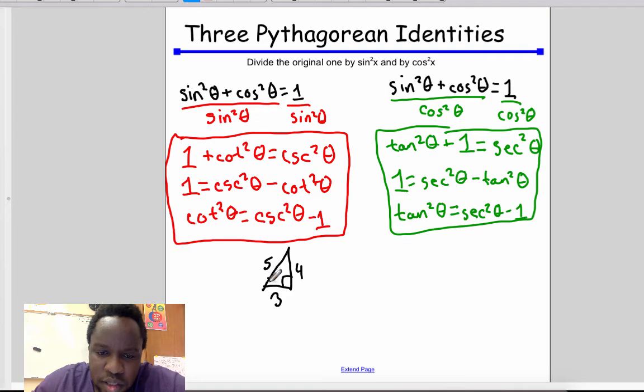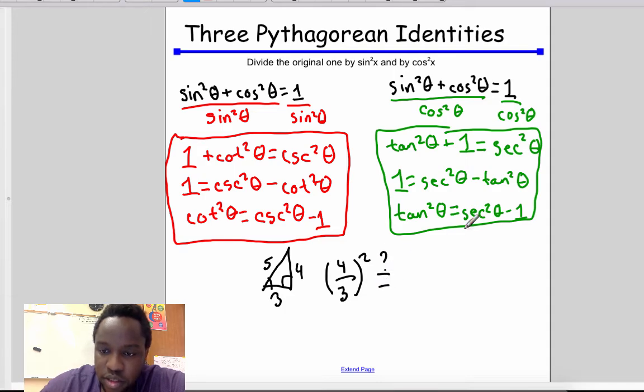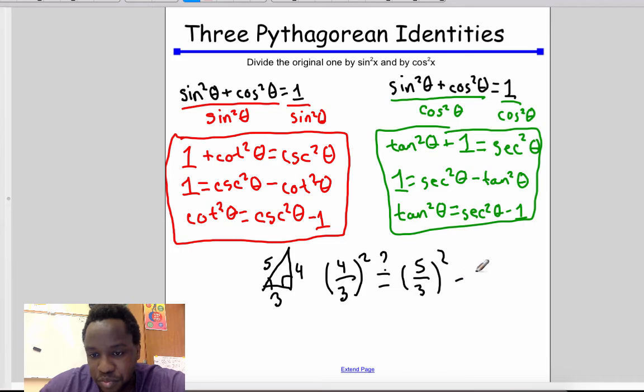This is the easiest right triangle by the numbers. So if we're doing tangent squared theta, tangent is 4/3, and it's going to be squared. Is it equal to secant squared minus 1? So secant is the reciprocal of cosine, so 5/3 squared, and then minus 1. So 4/3 squared would be 16/9.